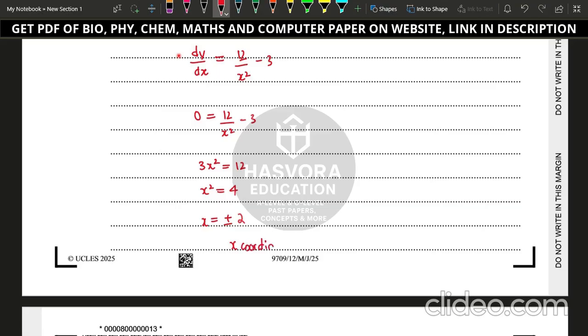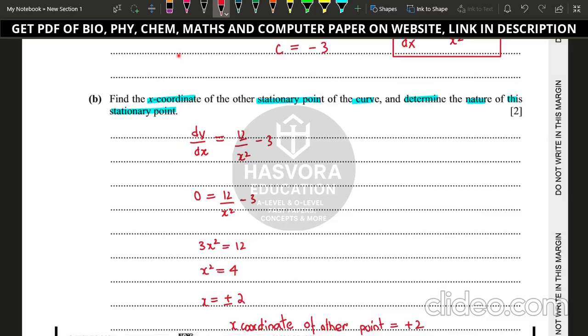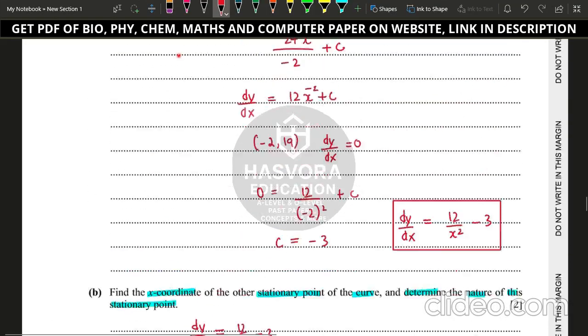You have to write this clearly, because the examiner doesn't know that you know it. So the x coordinate of the other point is plus 2. Then we are going to determine the nature. What was d squared y by dx squared?